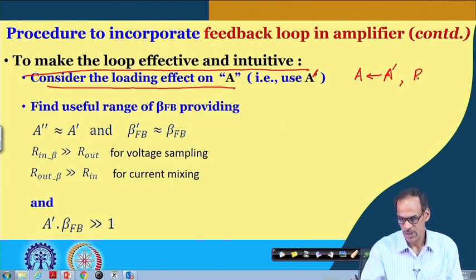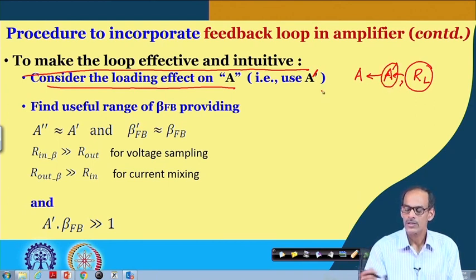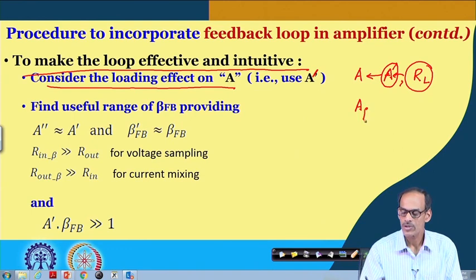In case you have external load R L, and if we consider that R L on the circuit, then we can get the load affected A, and then we can calculate what may be the A f in terms of this A dash divided by 1 plus beta f b, and then A dash.